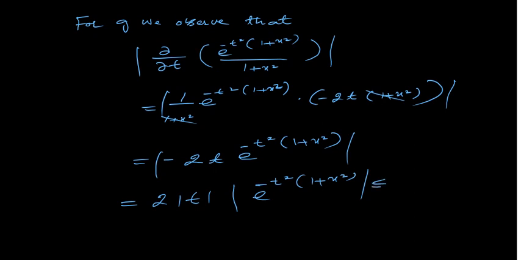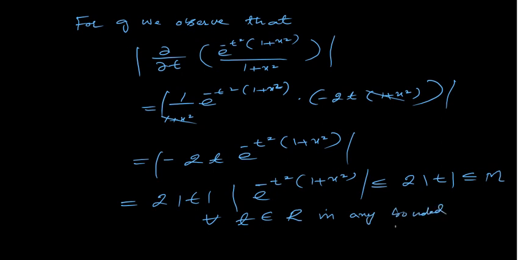So it's less than or equal to twice mod of t, which is bounded by some M for all t belongs to R, but not for all t belongs to R. It's not bounded actually for all t in R, but in any bounded neighborhood of t. If you take any bounded neighborhood of t, you will see twice mod of t is bounded. Suppose you take t equal to 0, for instance, and you take the neighborhood minus 2 to 10.